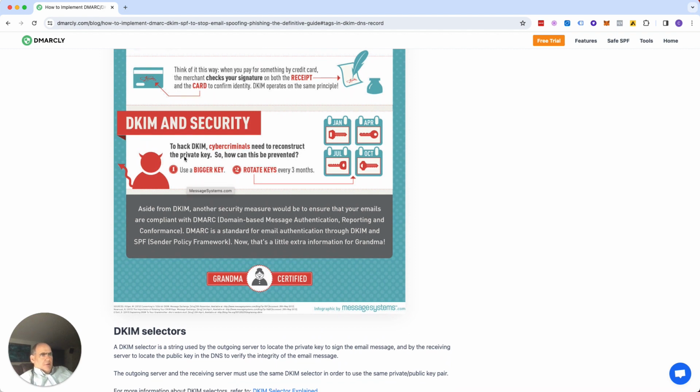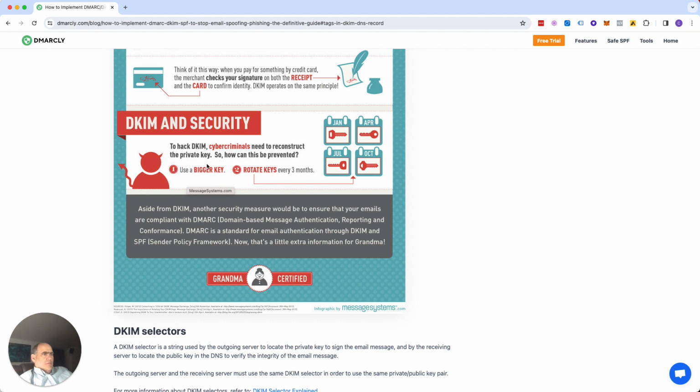So DKIM and security. To hack DKIM, cyber criminals need to reconstruct the private key. So how can you prevent them from doing that? They could, over time. As I understand it, I never took any real cryptography courses in college, but I had lots of friends that did, and they were always trying to pick large numbers and build their encryption technologies around the proper seeds in order to keep it from being easily reverse engineered.